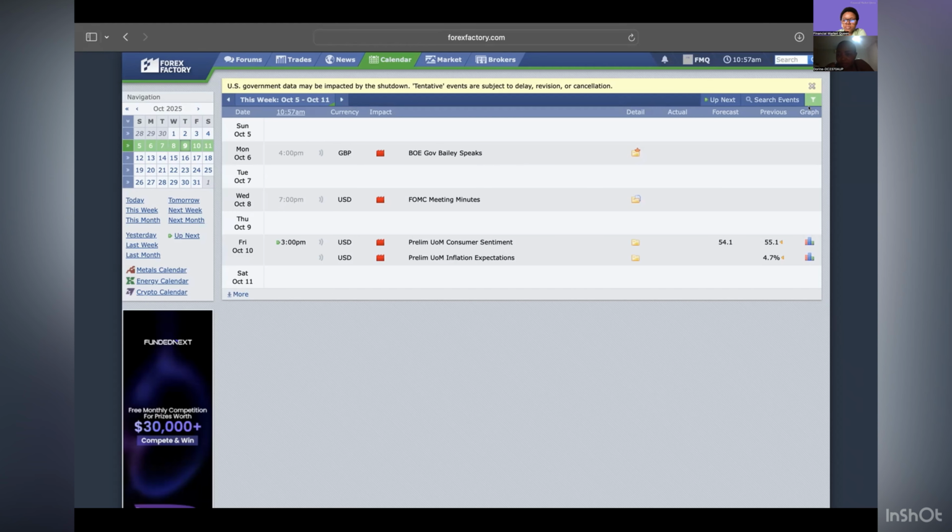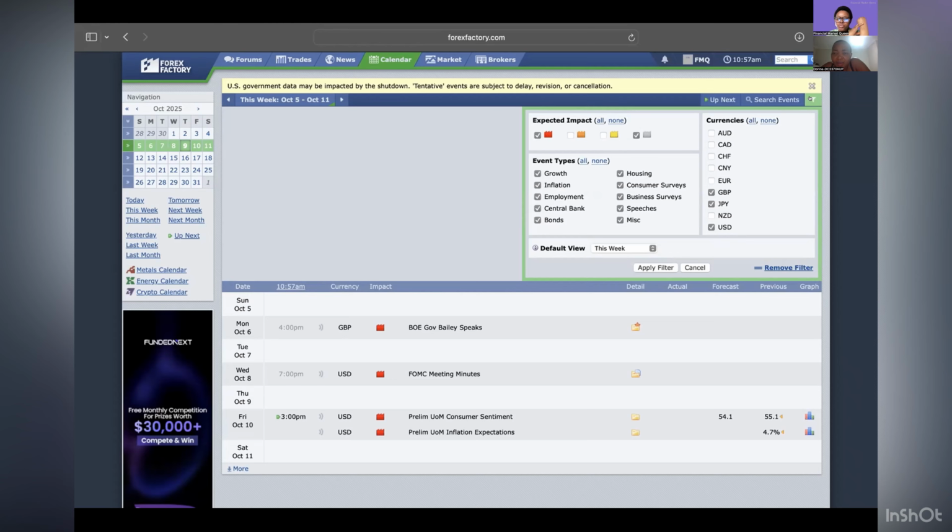Click on the filter. I'm taking you there so you see that you can filter the news, because I'm pretty sure when you opened this web portal, you had a lot of news notifications.